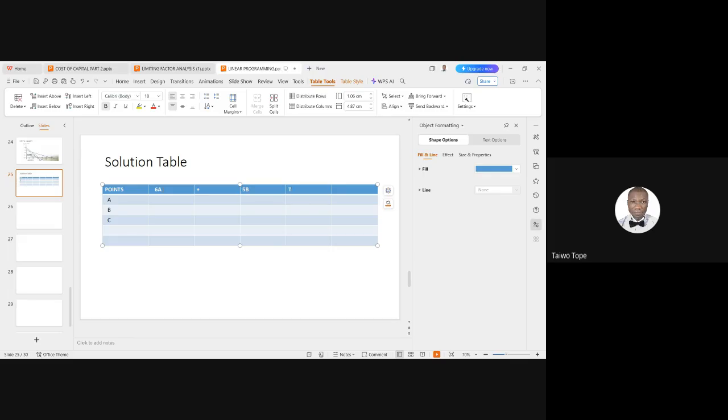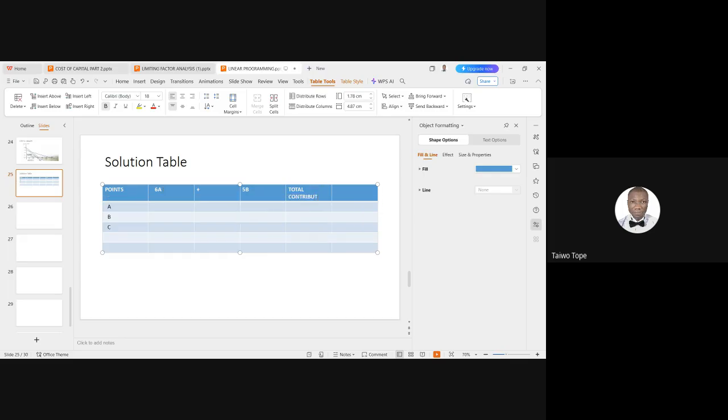Then our total contribution on each of those points will now be determined. Now, at point A.